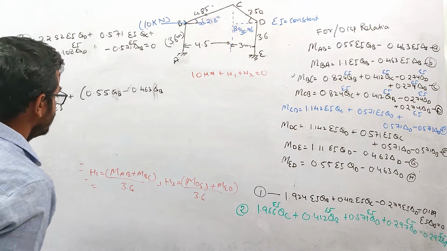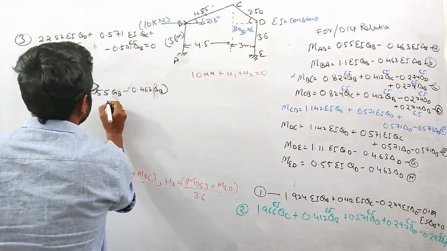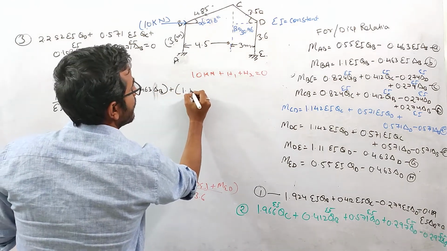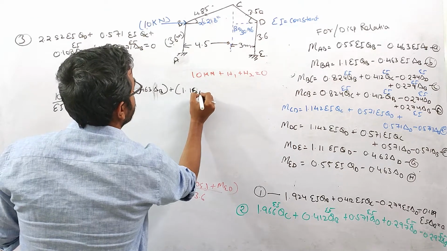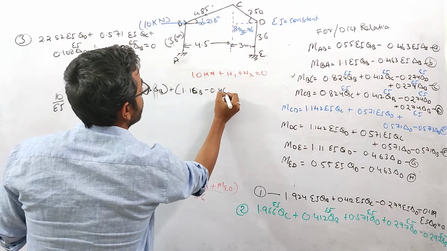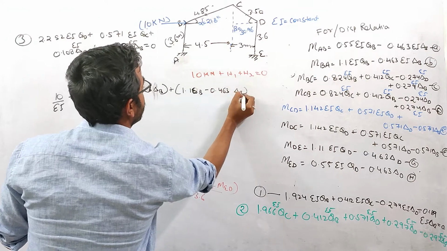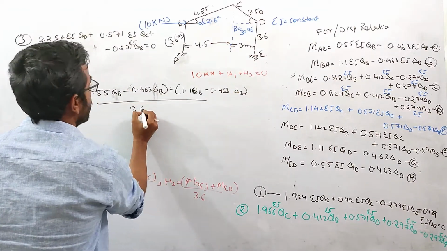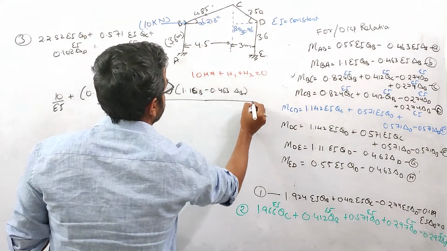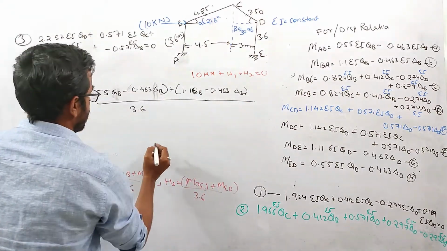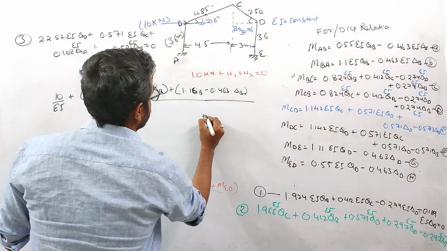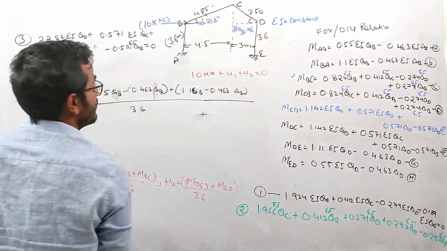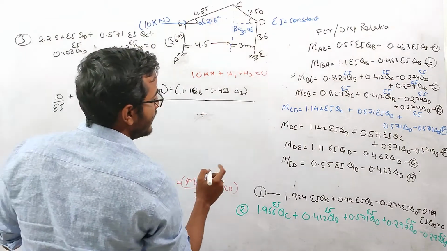Okay, what is the value of MBA? 1.1 theta B minus 0.463 delta B, right? This is divided by 3.6. And this will be plus, what is the value of MDE?